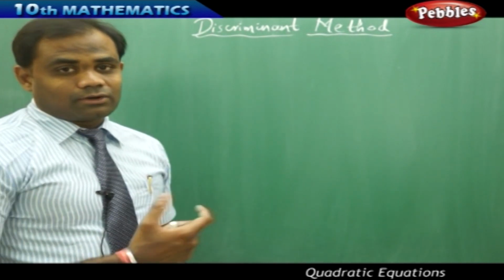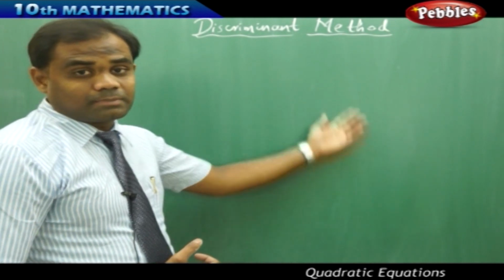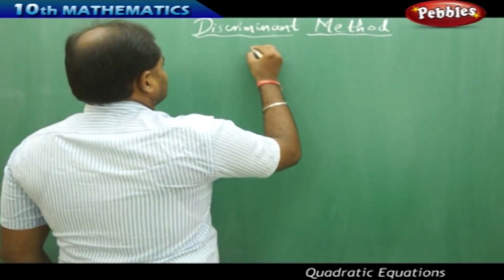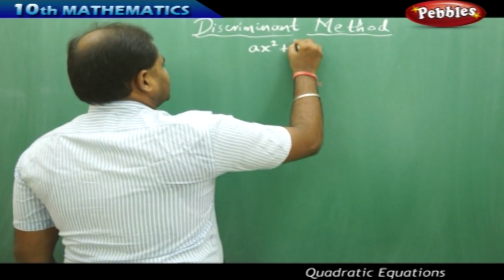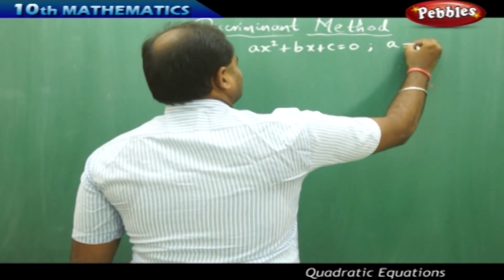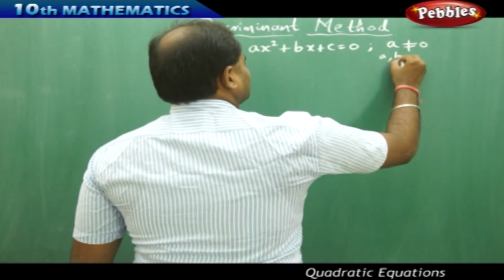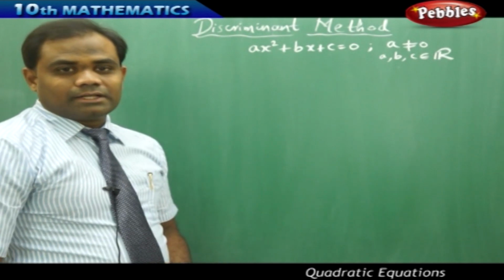Say I take the general quadratic equation or the standard quadratic equation ax squared plus bx plus c equal to 0, with a not equal to 0 and a, b, c are all real numbers, then it has two roots.